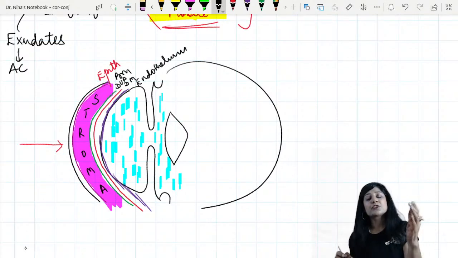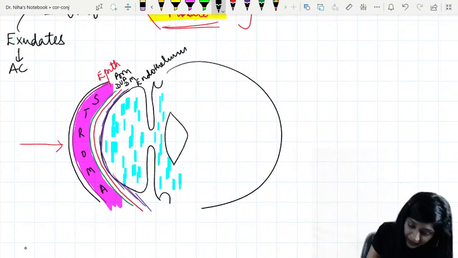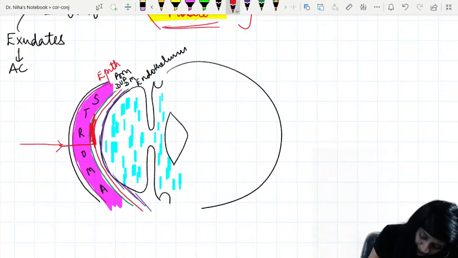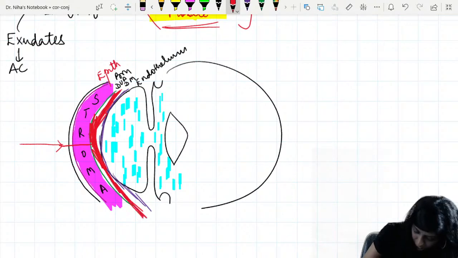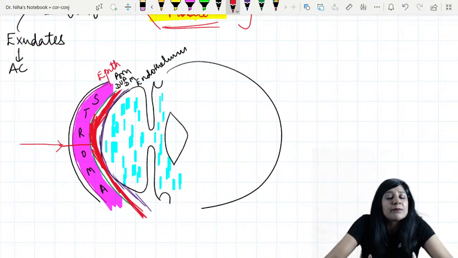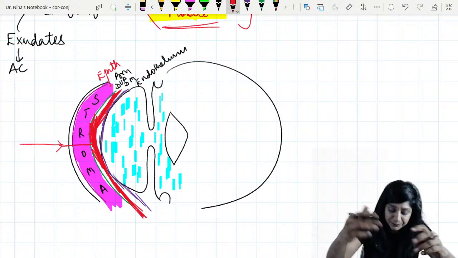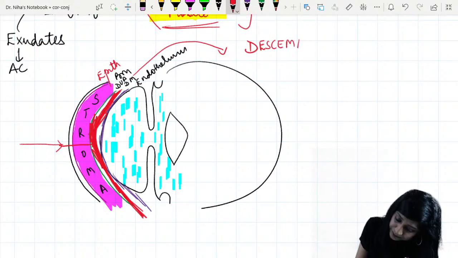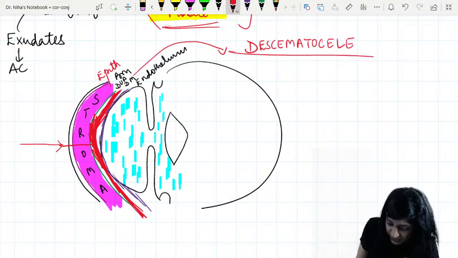Now, if the bacteria is going deep, it can be sealed only at the level of the Descemet's membrane. Descemet's membrane only has this property to make a cavity and prevent the bacteria from going inside. So this Descemet's membrane forms the descemetocele.